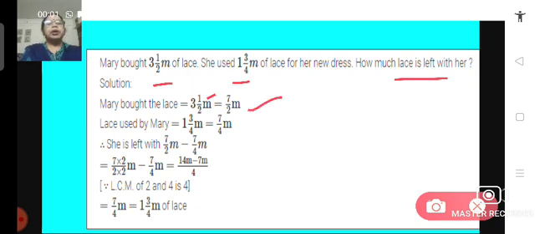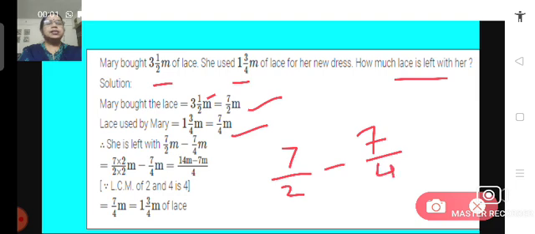Now lace used by Mary is 1 3/4. So when the mixed fraction is converted into improper fraction, we get 7/4 meters. That is the lace used by Mary. So what is the length of lace that is left with her? It is 7/2 meters minus 7/4 meters.